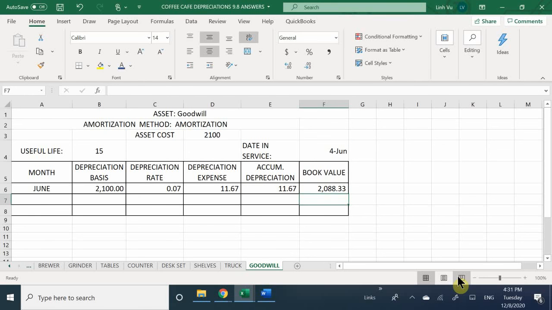Bringing your total amount for your book value, this minus this, I got $2,088.33. Good. All right. Save your depreciation tables because we will come back to them tomorrow so we can journalize it.